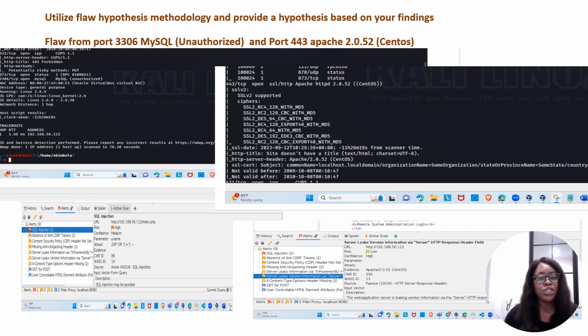And then the other one is the flaw from port 3306, which is MySQL. So a SQL injection occurs when an attacker exploits a vulnerability in a system that is connected to an open port 3306. So this specific port is commonly used for the MySQL database management system.